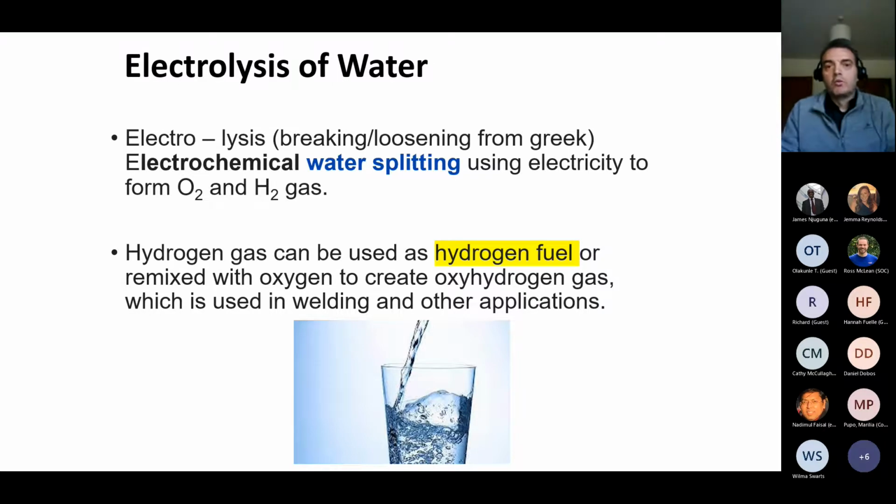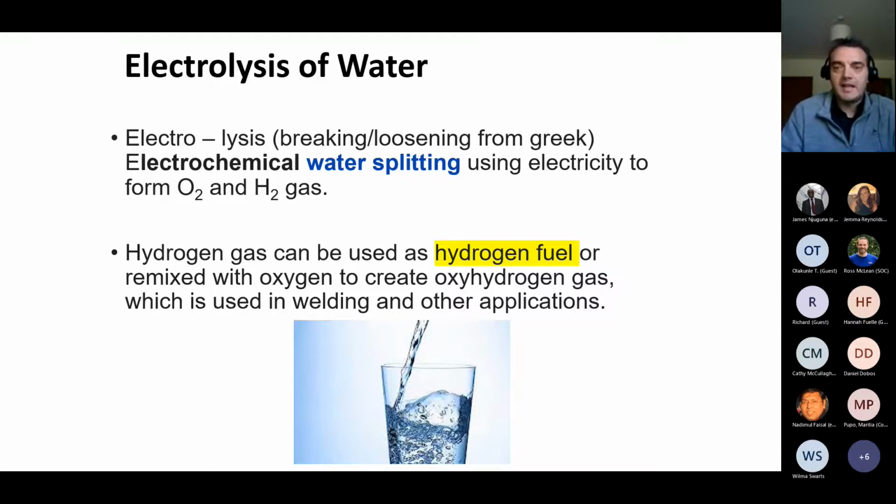So now we're going to go into another concept, which is important, which is the electrolysis of water. Electrolysis comes from two particular words, electro and lysis. Lysis comes from Greek, and it means breaking or loosening.